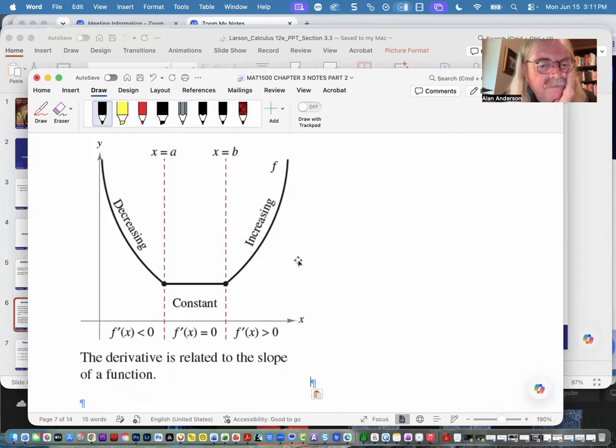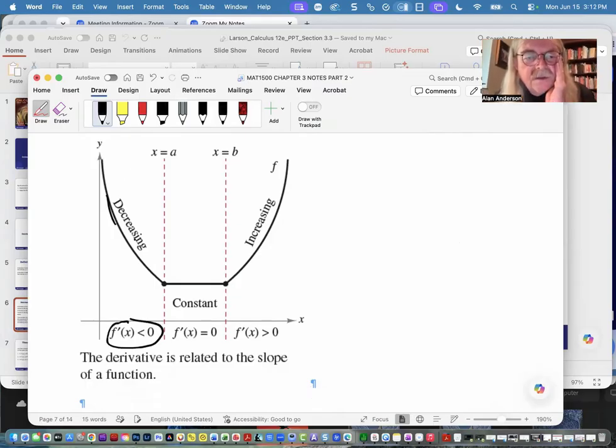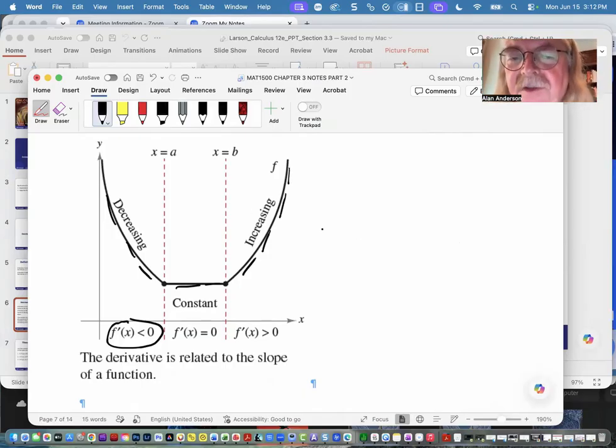And the other thing they want you to notice is that in the decreasing range, the slope is always negative. If I were to draw a series of tangent lines, they would all have negative slopes. Here, the tangent lines would be flat, and here they would be increasing. Okay, so that's the connection they want you to draw here.